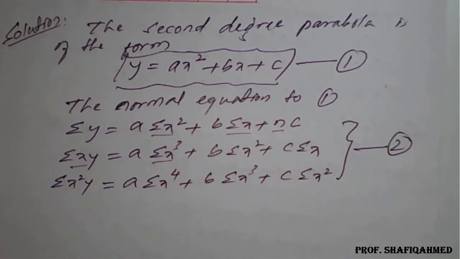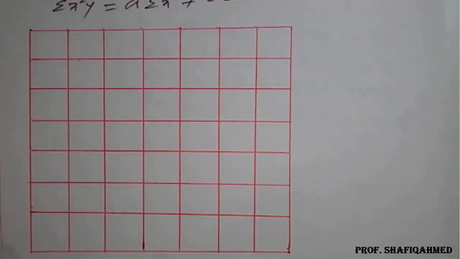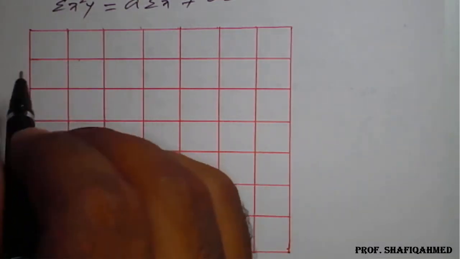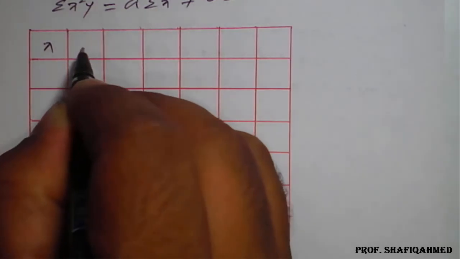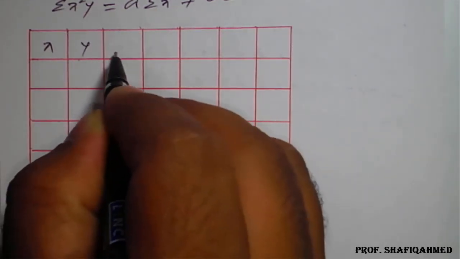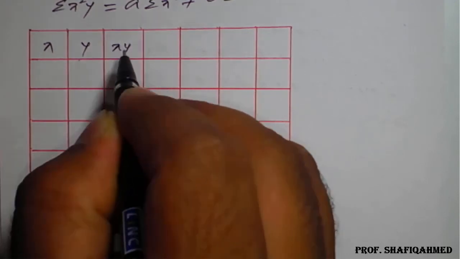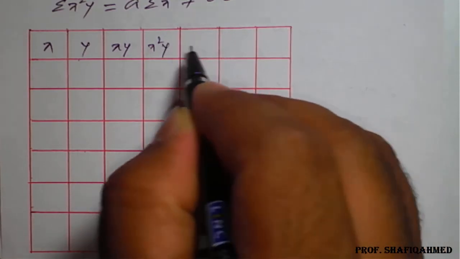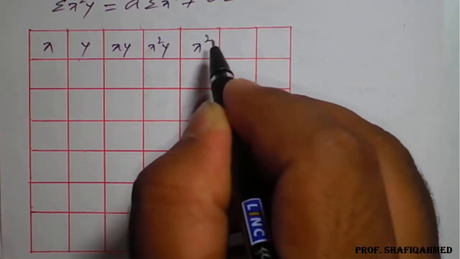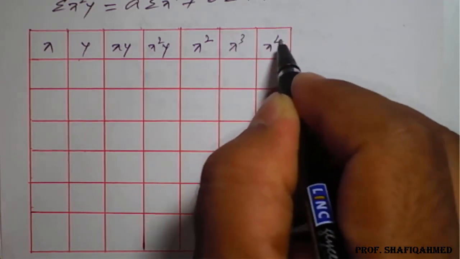So let's see the table now. In the table we need x column, y column, xy column, x square y column, x square column, x cube and x raised to 4.